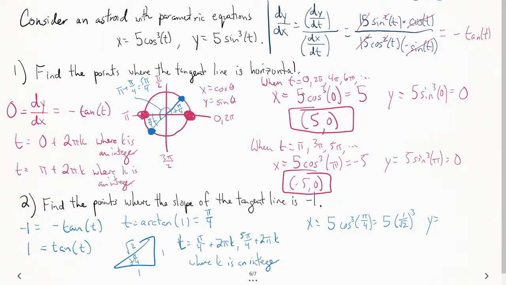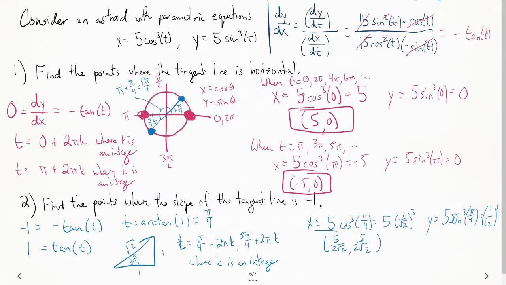So we'll have 5 sine cubed of pi over 4. That's 1 over square root of 2 cubed. And notice if you cube the square root of 2, that's 2 root 2. So another way for us to have written this is 5 over 2 root 2, 5 over 2 root 2.